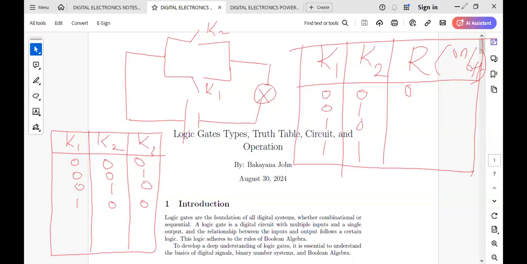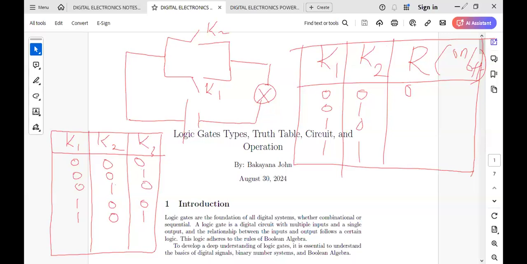Or there is a possibility that the first one is closed, the second one is open, and the third one is closed.